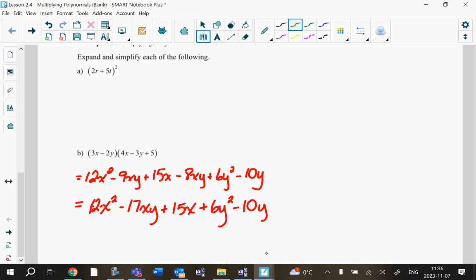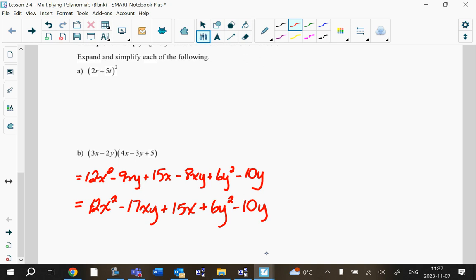So it's okay. But did you recognize that those were like terms? And we can combine them? Because xy is the same as yx. That's why I wrote them both as xy's.